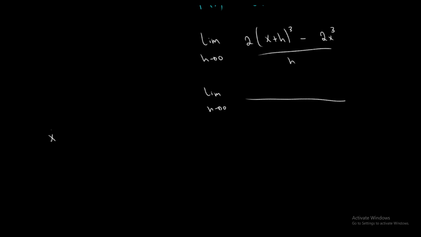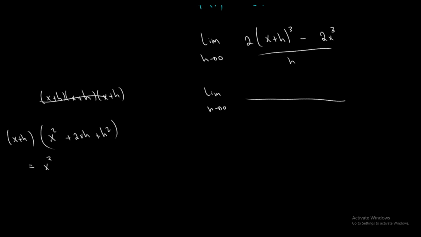So earlier we said, if I expand this, it looks something like this. I'm going to do it one by one. We've already calculated this one. x plus h times x plus h is going to give me x squared plus 2xh plus h squared. Now I'm going to multiply this with the coefficient of x plus h.